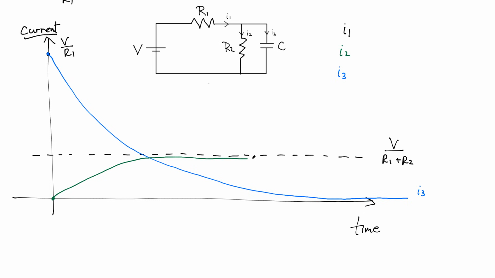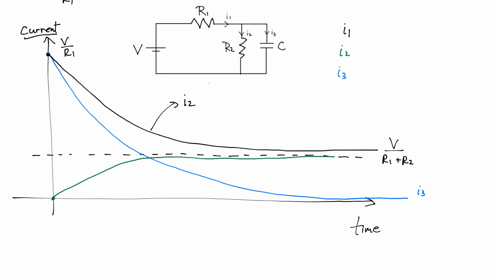Maybe I'm not drawing this 100% correctly, but just to give you the idea, it's just a sketch here. And I1, on the other hand, I1 started as I3. I1's in black, and I1 tended to this guy over here. So here's I1.